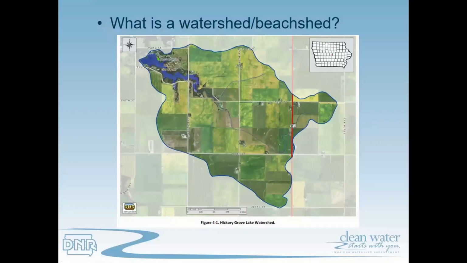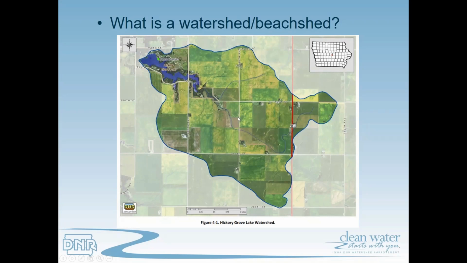One thing, and I've already used the term watershed, I think it's always important to go over the definition of watershed. The blue outline here, this happens to be Hickory Grove Lake's watershed, but anytime you see us have an outline of a land area and have a difference between the background, what we're indicating there is the watershed area of the landmass that drains to this specific water body.